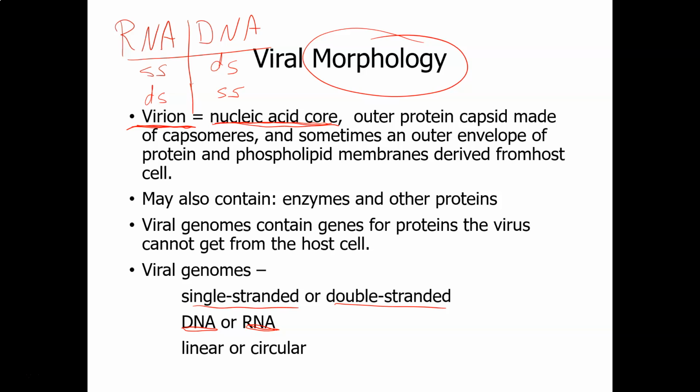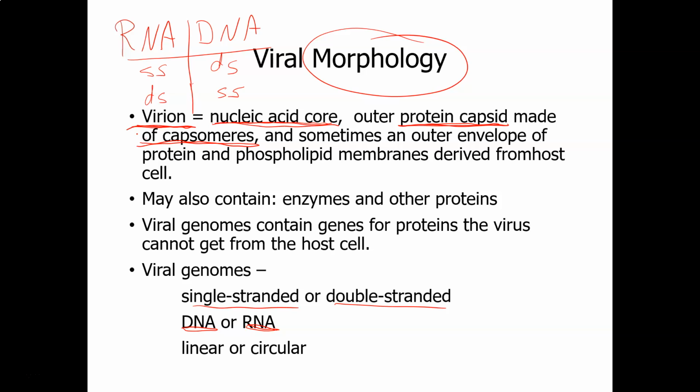Okay, so the virus is going to contain a nucleic acid core, one of 4 different types: single-stranded RNA, single-stranded DNA, double-stranded RNA, or double-stranded DNA. And then outside that core is a capsid made of individual capsomeres.